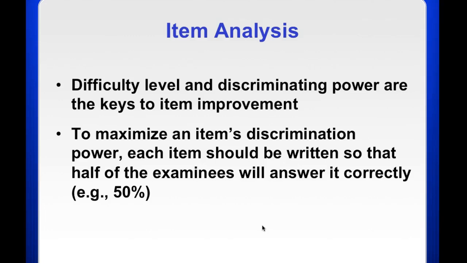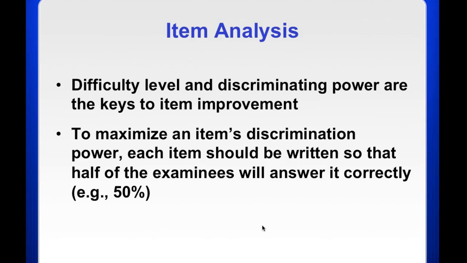Now, the opposite could also be said about a question, meaning if the same percentage of people who did well on the test as the percentage of people that did bad on the test got one question correct, then that would mean that question does not have good power of discrimination, because it's kind of leaving it up to chance.